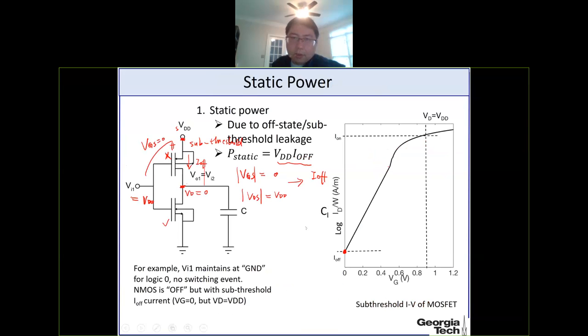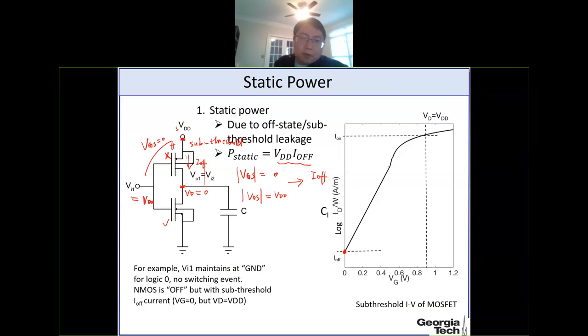And then the second part is the static power. This is when the input stays at 1 or stays at 0, so no switching happens. But even when the input stays at, for example, 1, which means VDD, then the PMOS is off, because here the VGS for the PMOS is 0.